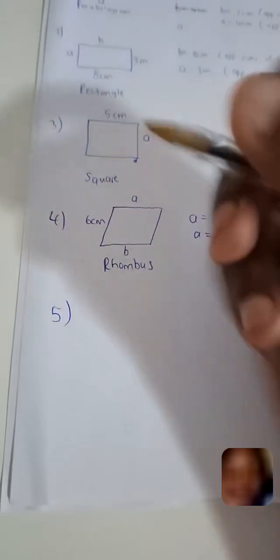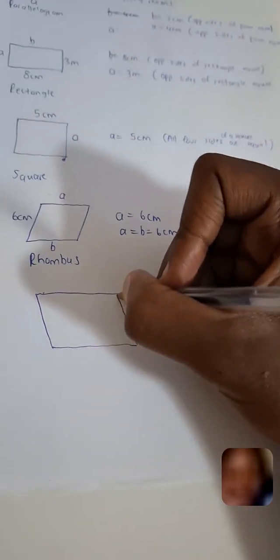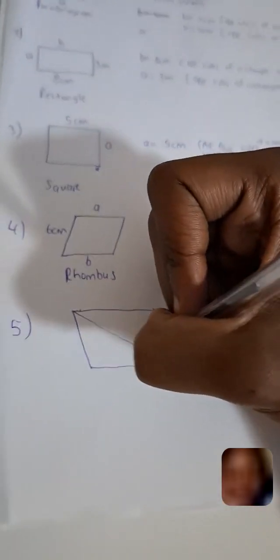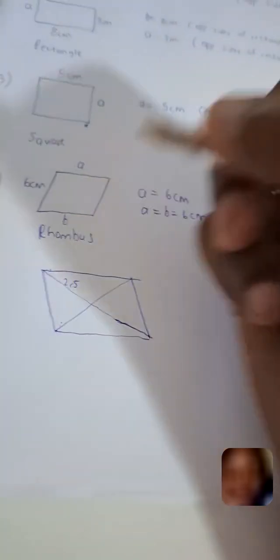Let's extend our shapes. Okay, we have this diagonal, that diagonal. Excuse me for my free-handedness and the squiggly lines, they're not as straight. We have 2,5 here. We've got B here. We've got 1,5 there.